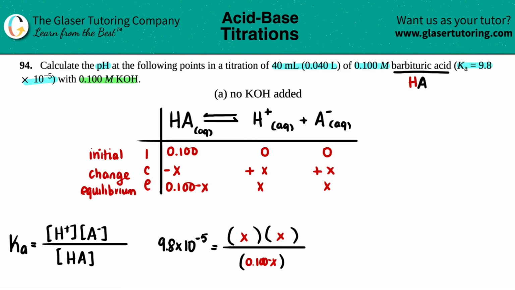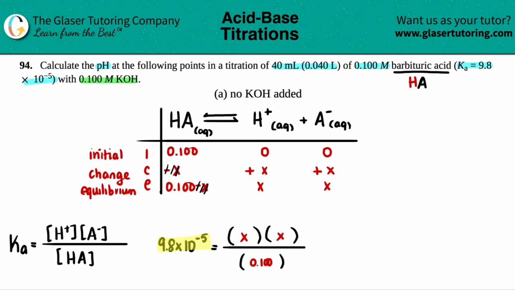In that case, I can basically get rid of the minus x's. That way, I don't have to use the quadratic equation. Then we just do a check at the end to see if we assumed correctly, and then we go on our merry way.